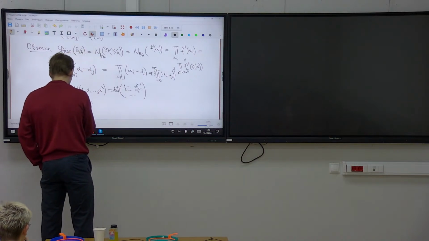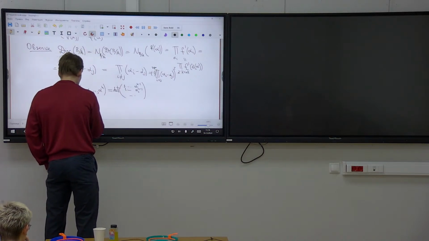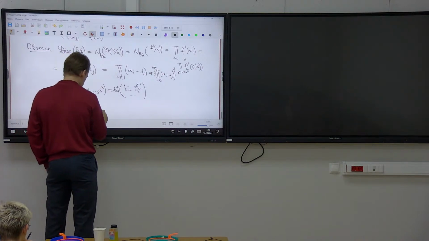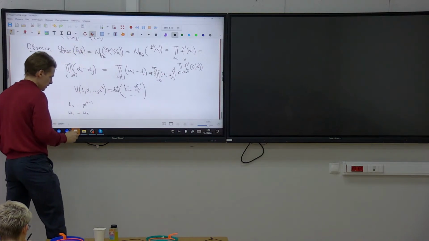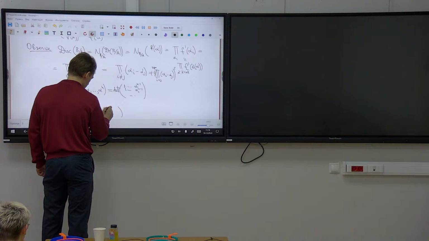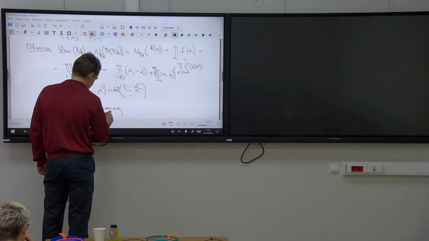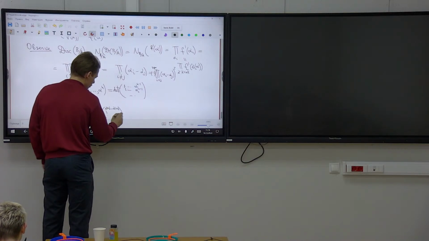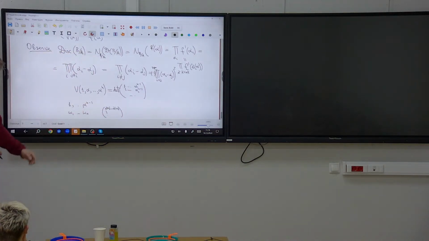If you have omega_1, etc., omega_n, a different basis, you have to write down the determinant of sigma of omega_1, etc., sigma of omega_n, where you run over all possible sigma.